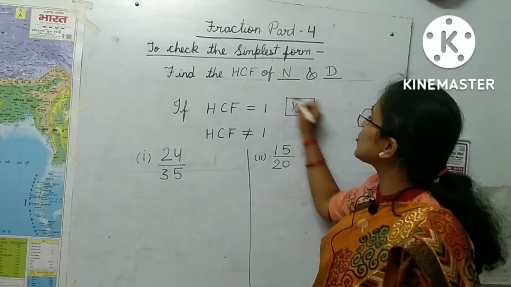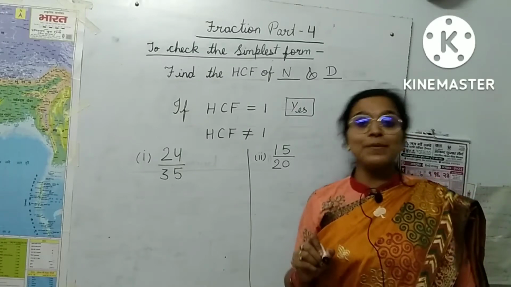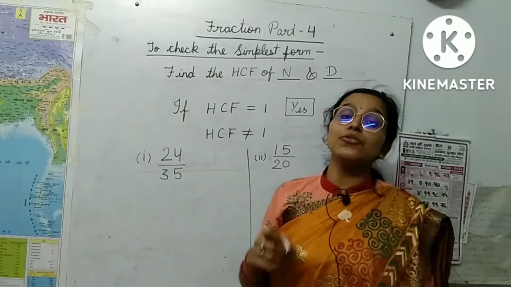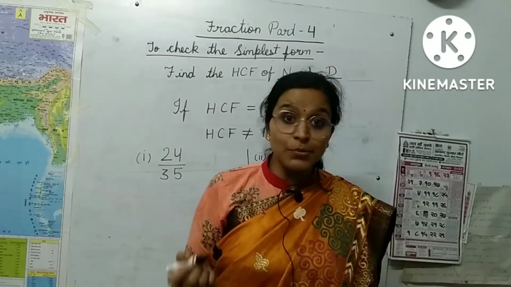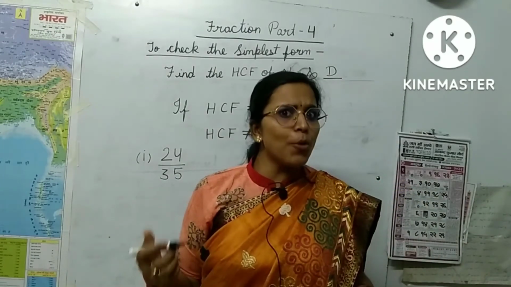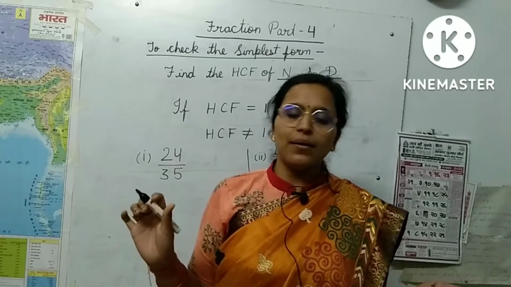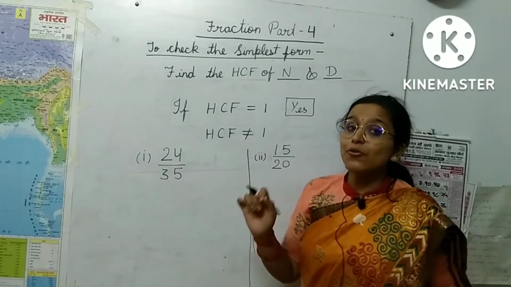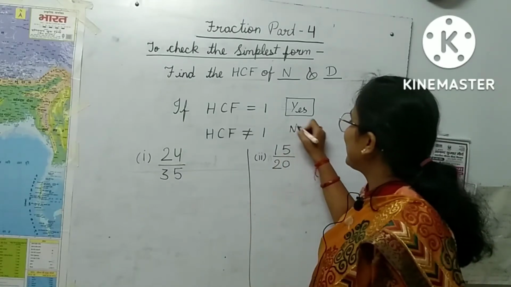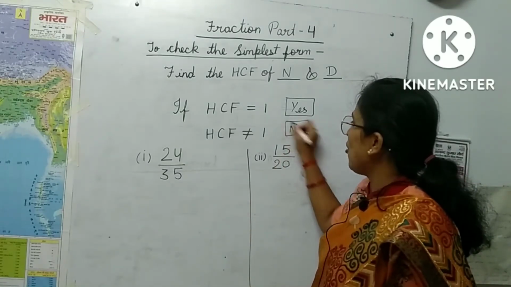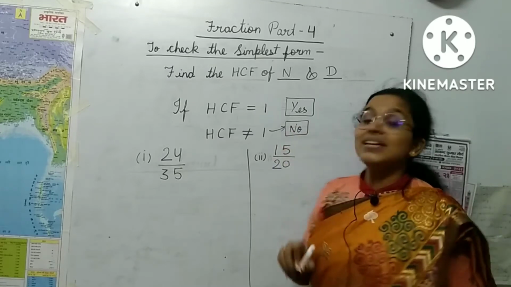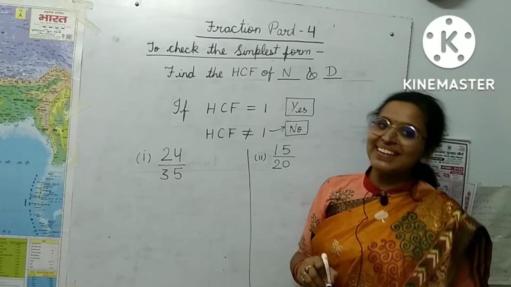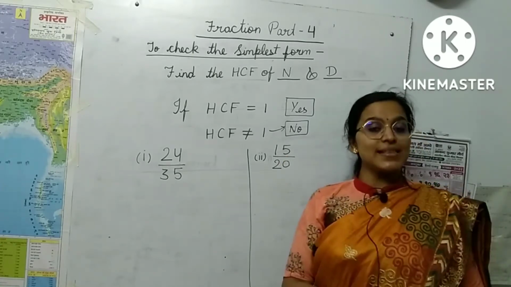And if the HCF value is not 1, maybe it comes 2, 3, 4, 5, any number except 1, then you will say no, the given fraction is not in its simplest form. Is it clear? Very good. Now let's move to the examples.